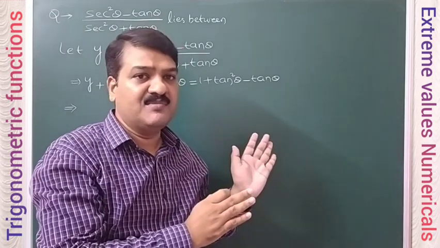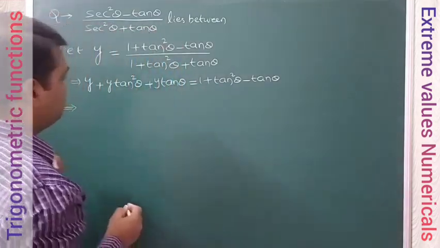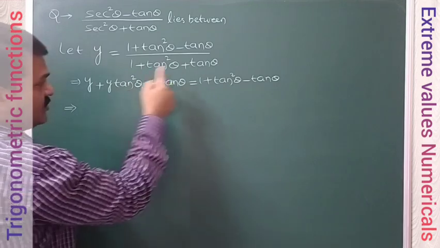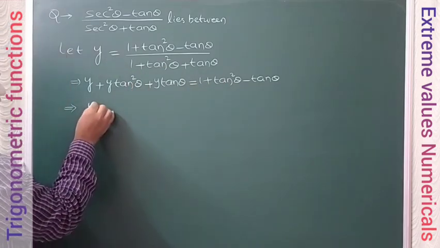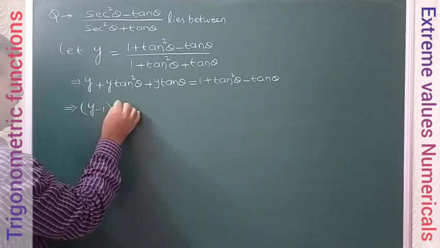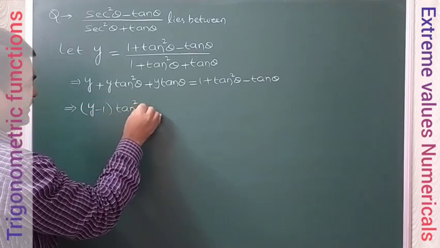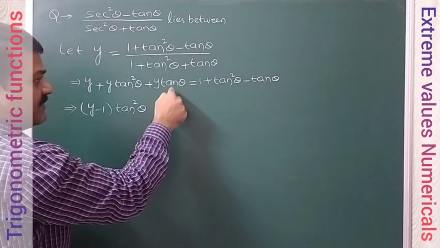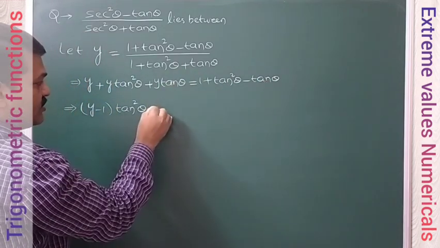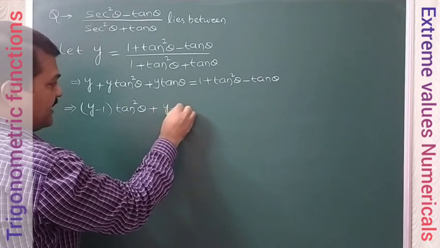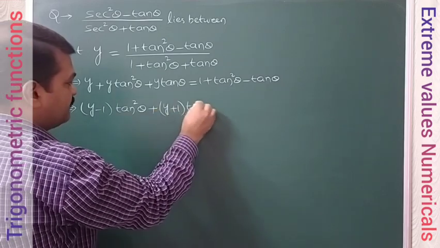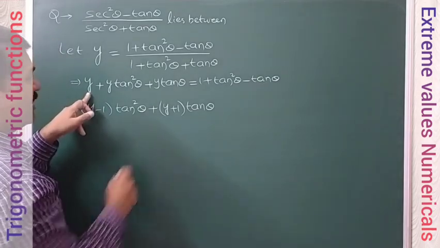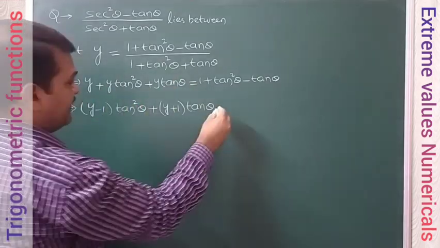So tan square theta comes here; taking tan square theta common, y minus 1 into tan square theta. Next, minus tan theta comes here, plus tan theta it becomes. So take tan theta common, y plus 1 into tan theta. And the terms which do not contain tan theta: 1 comes here, so y minus 1.